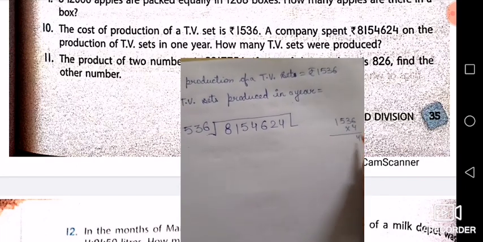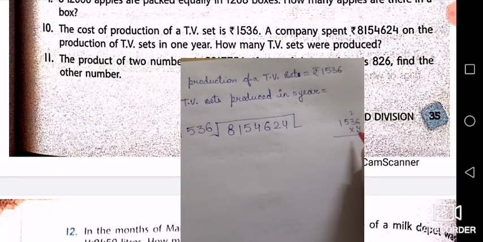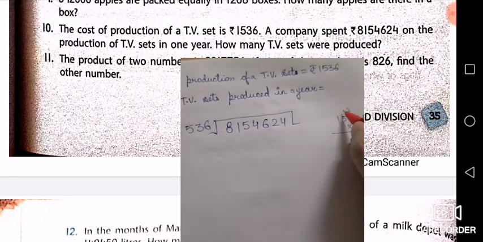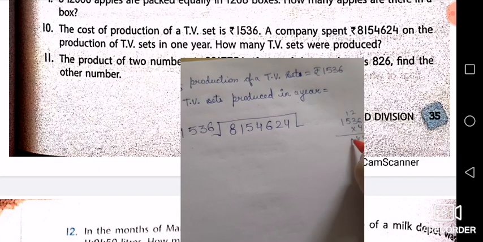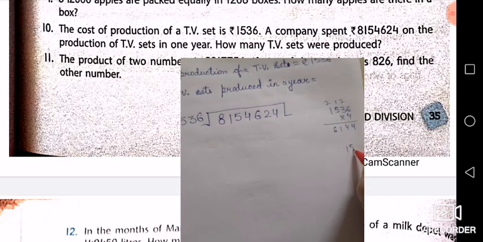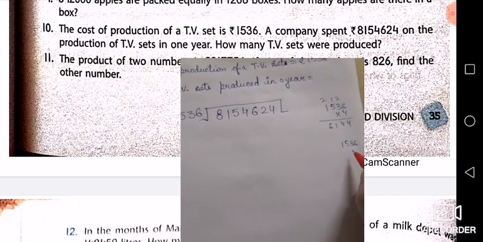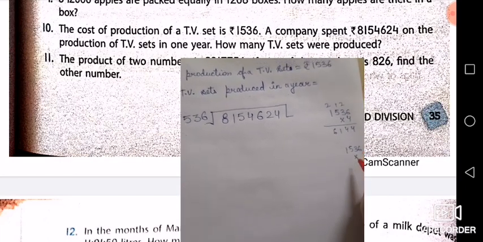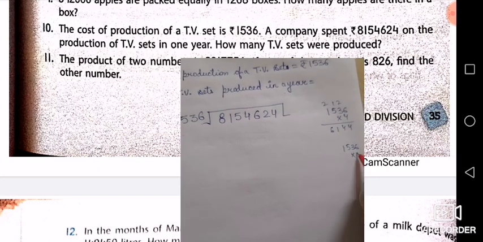4 6s are 24, 2 4 3s are 12, 13, 14. 4 5s are 20, 21, 2 4 1s are 4, 5, 6. So I hope it can go further. So we'll do it with 15 5s are 75.